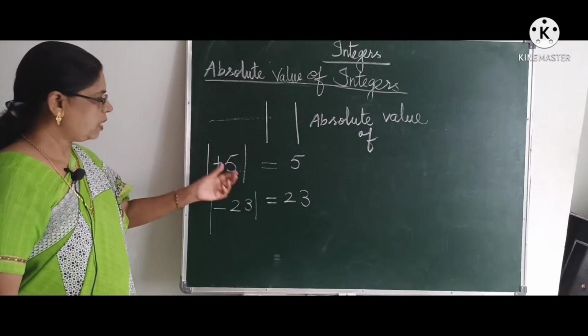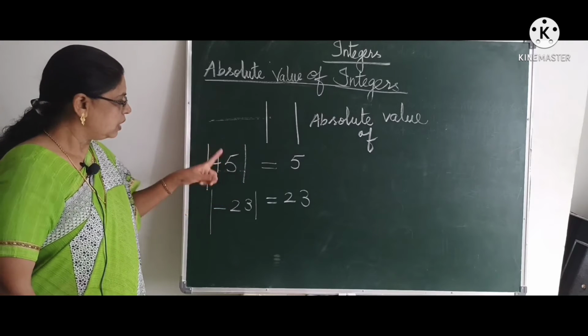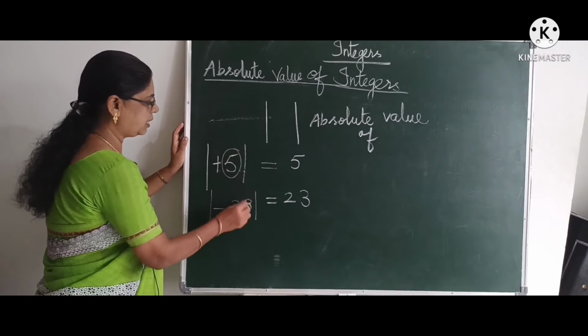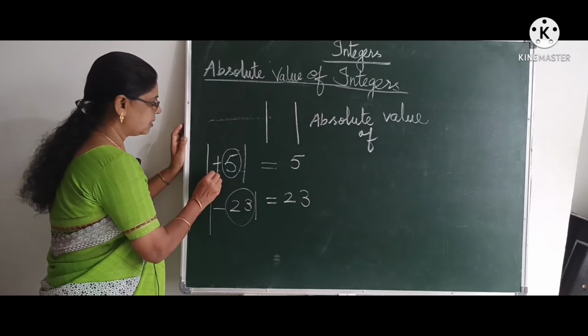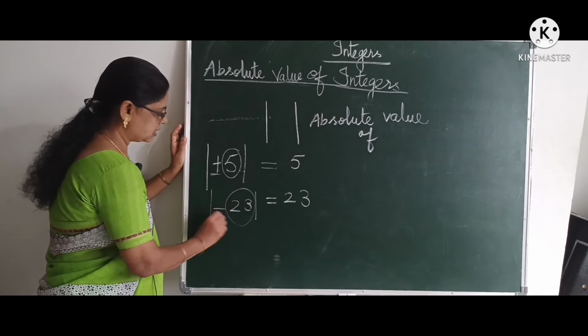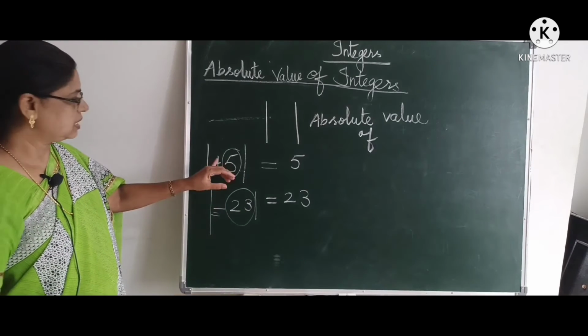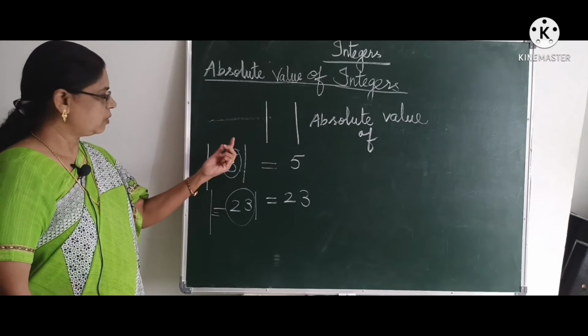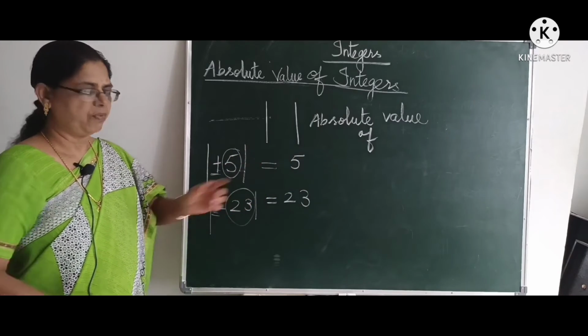So the absolute value of any integer is the numerical value of that integer regardless of its sign. We are not going to consider the symbols, the sign. We are going to take the numerical value.